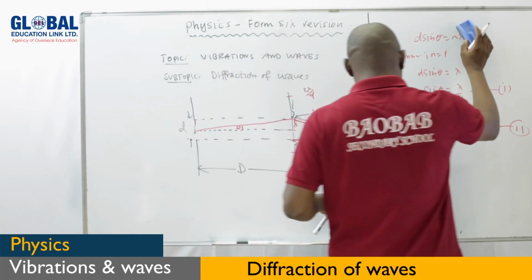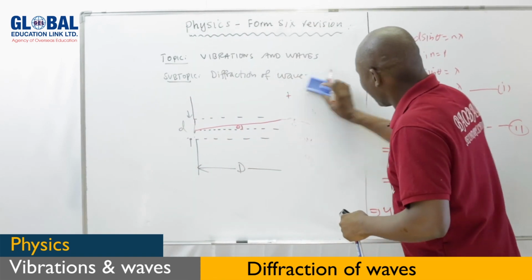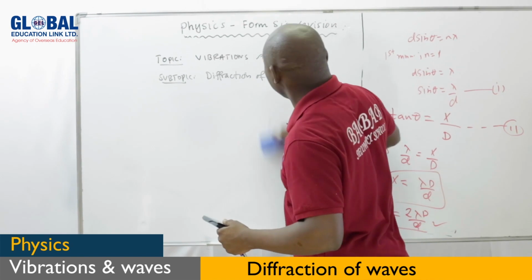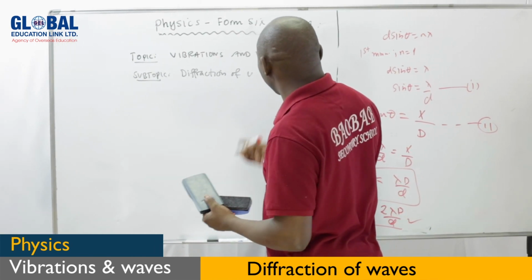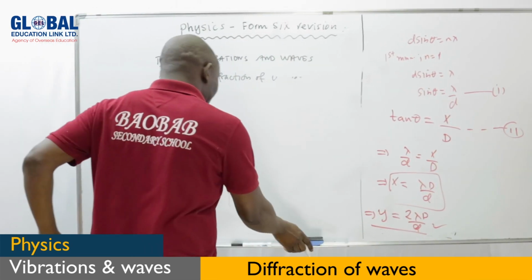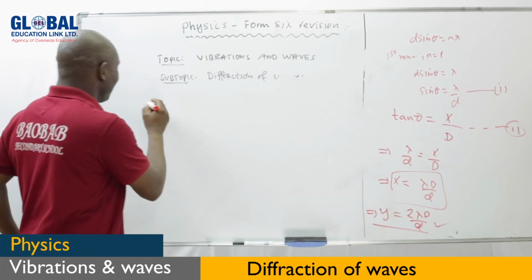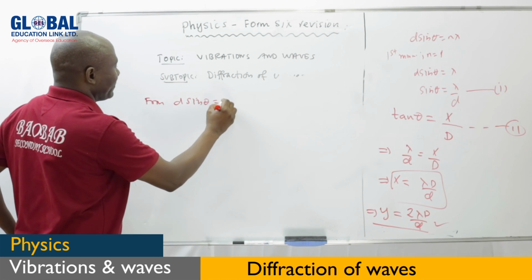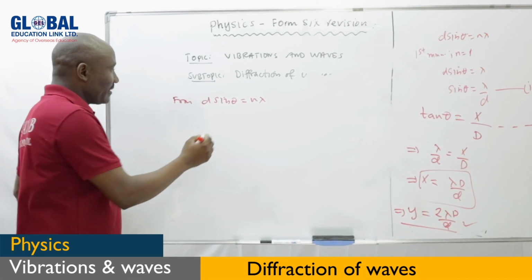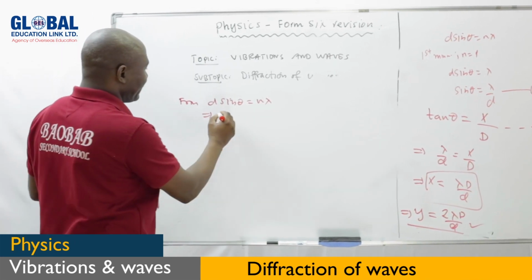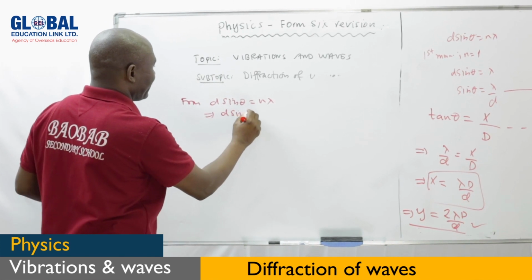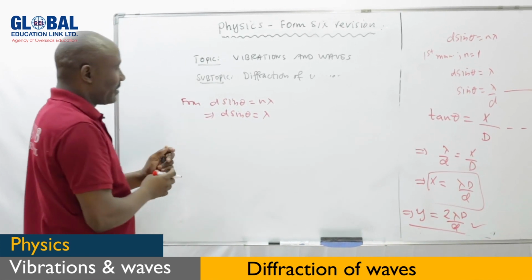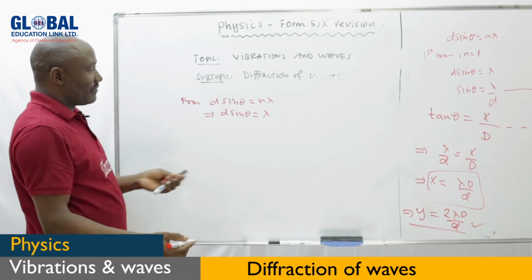Now let's see the patterns, because we're making a revision on this topic. Let's see the patterns formed from this formula, d sine theta equals n lambda, for different values of the angles.